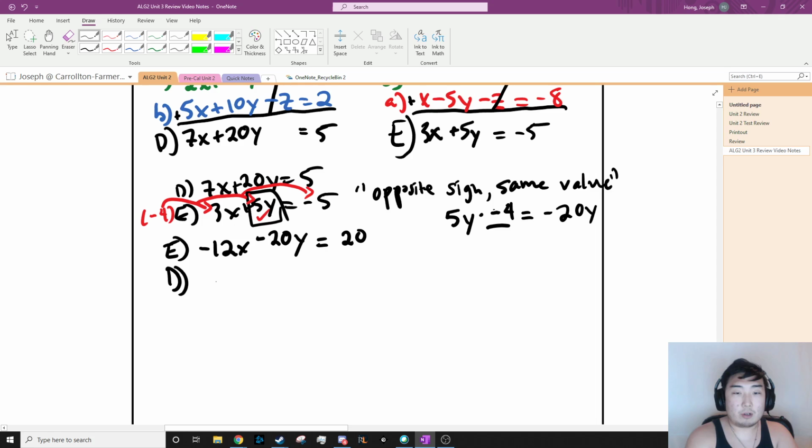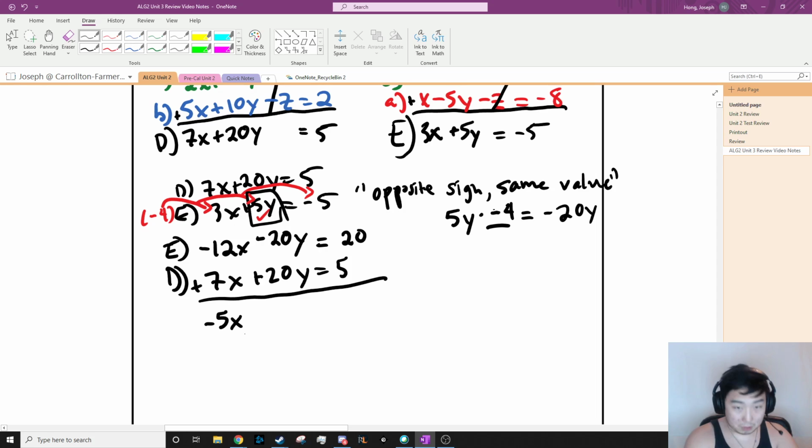So let's bring back equation D that hasn't been tainted or touched or manipulated algebraically. And now I can add these two. And look what happens when I add them. My x is good. This becomes negative 5x, or negative 12 plus 7 is negative 5.